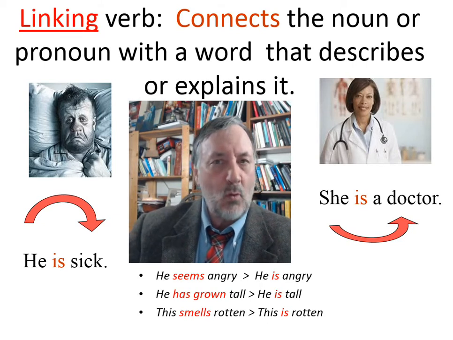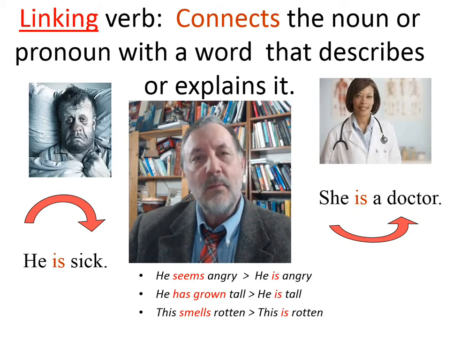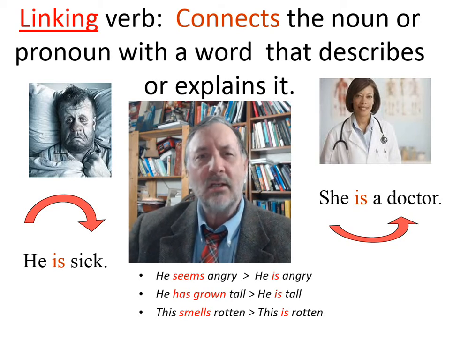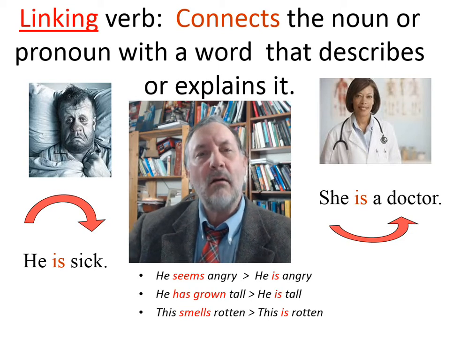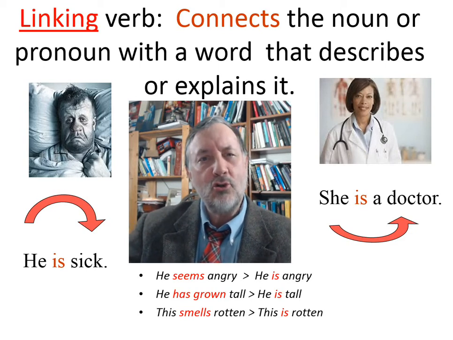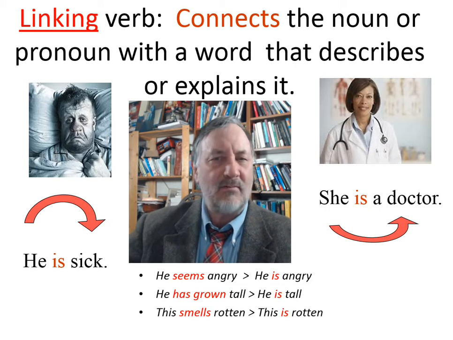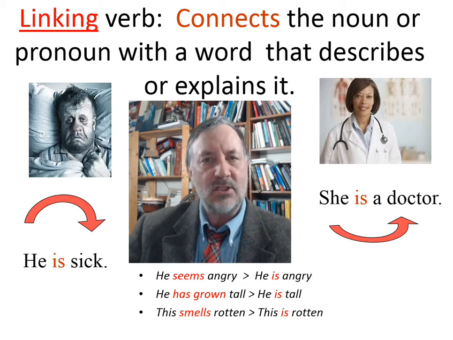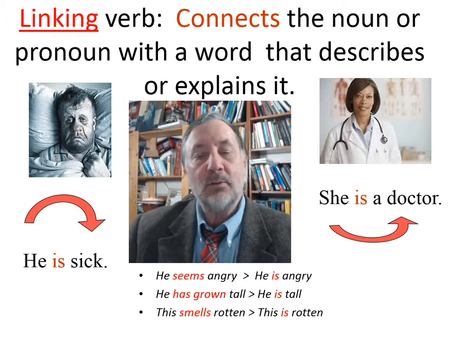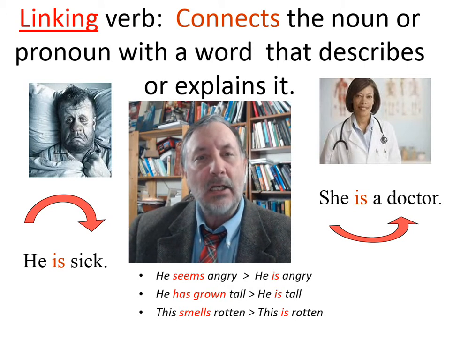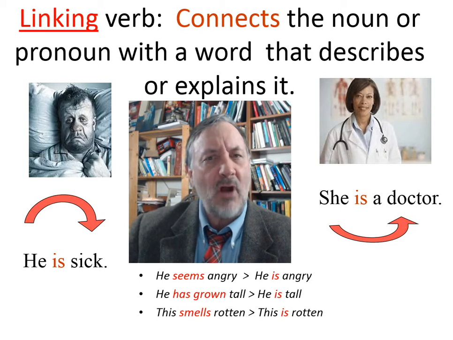Now, you have to be careful with some of these words, because to grow could also be an action. He has grown some great tomatoes. Okay, so there you're using the word grow as an action verb because he is doing something. He's not just being something, such as tall in our example. Likewise, you could say, this smells rotten.